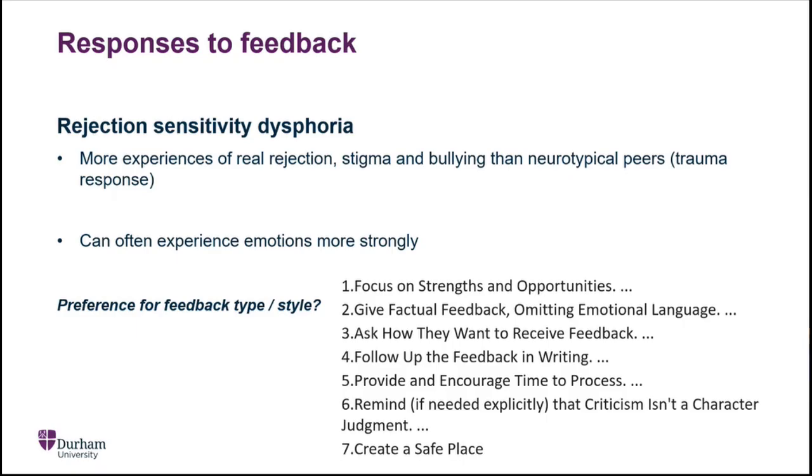So then receiving negatively phrased feedback feeds into that trauma-based response. We also know that we can often see emotions working on a real precipice, where everything can be okay one moment, and then neurodivergent individuals might be more likely to experience very extreme emotions in one direction or the other at any point.